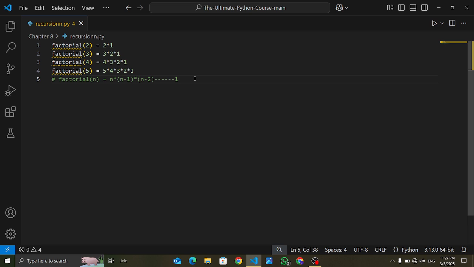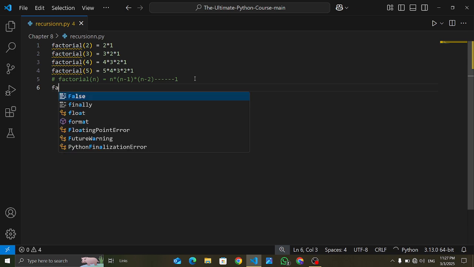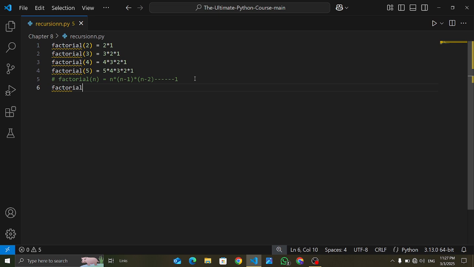So this is the formula, and can we say that factorial of n is equal to n multiplied by... Since we can see here that factorial 5 is 5 multiplied by 4 multiplied by 3 multiplied by 2 multiplied by 1, we can say that this is equivalent to 5 multiplied by 4 factorial.